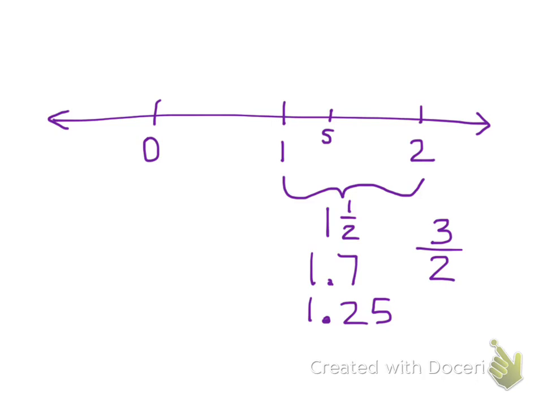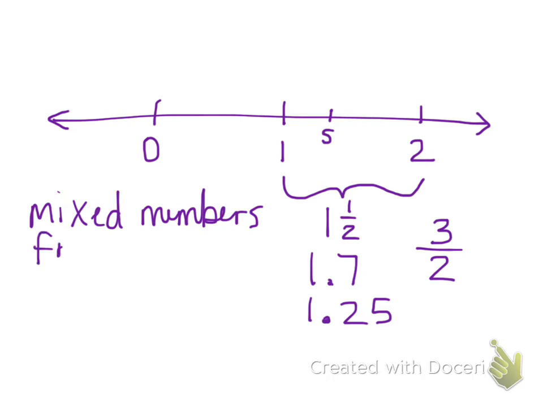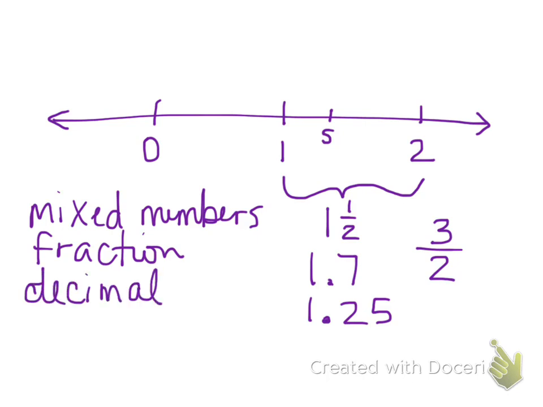If we were in class, probably all of you could come up with different numbers that would be between 1 and 2 on the number line. They would all be either mixed numbers, like 1.5, fractions, like 3/2, or decimal numbers, like 1.25 or 1 7/10, which are all rational numbers.